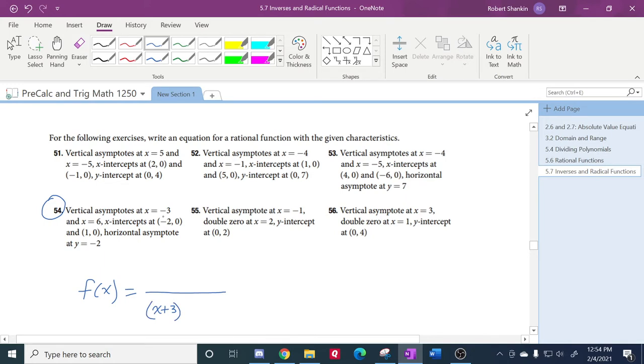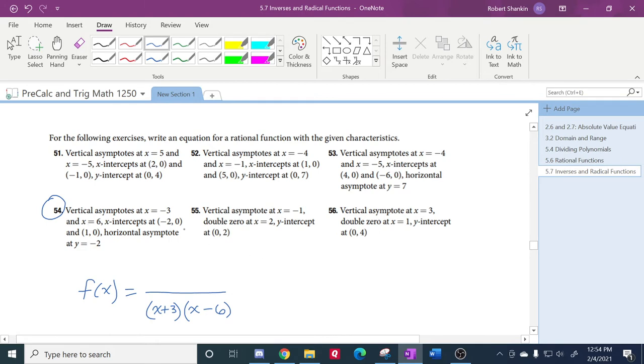That means when I put -3, it'll cause the denominator to become 0. The question that we ask for a vertical asymptote is, what input causes the denominator to become 0? And then x equals 6 must have been x minus 6, so that x equals 6 also causes the denominator to become 0.